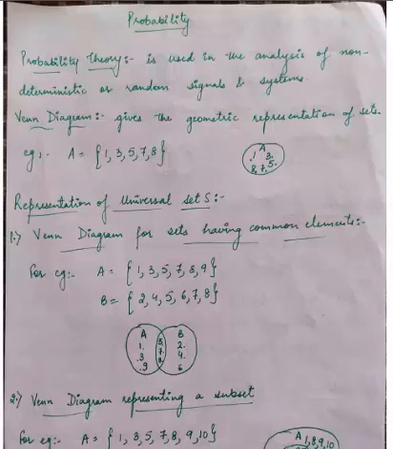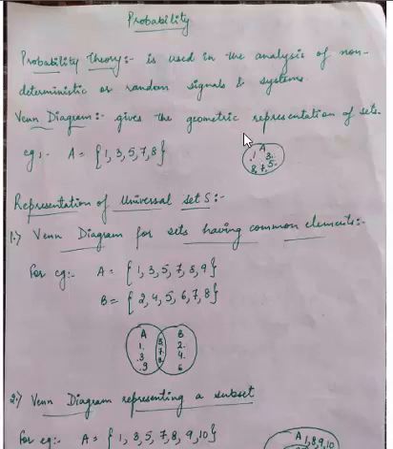Each circle contains all the elements of a set. Now in this example, A is a set that contains 5 values, that is 1, 3, 5, 7, 8. These are the elements of the set, and curly braces denote a list of elements in a set.